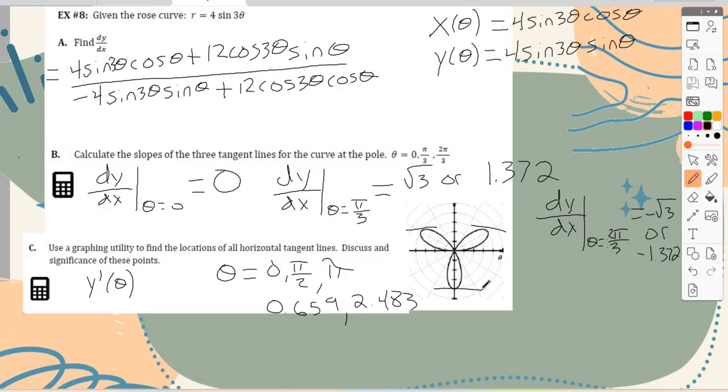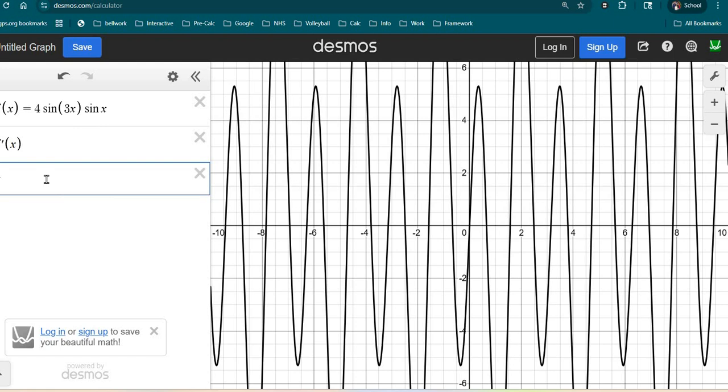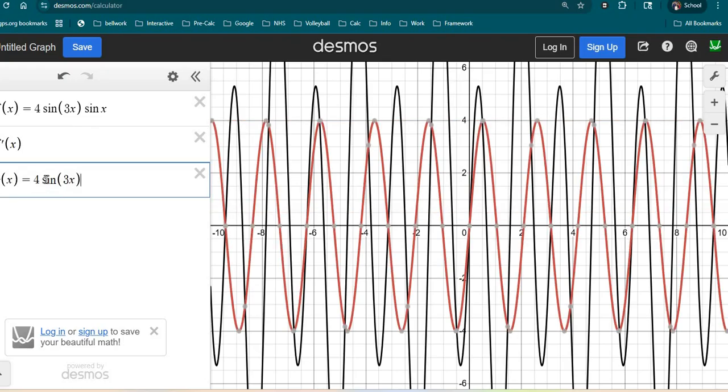Do we have to check for vertical tangents? We can. I don't think that there are any this time because of how it's set up, but we can. We would just need 2g of x equals, what's our sign? 4 sine of 3x.